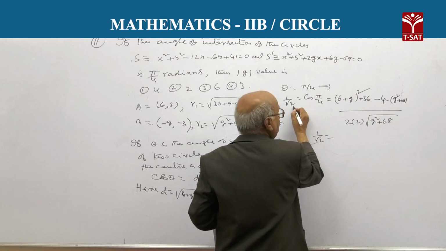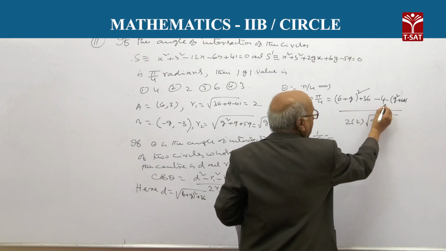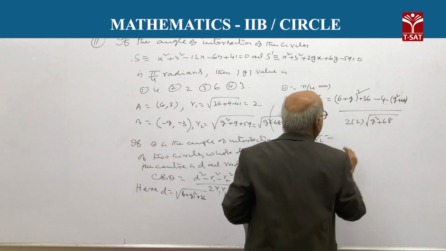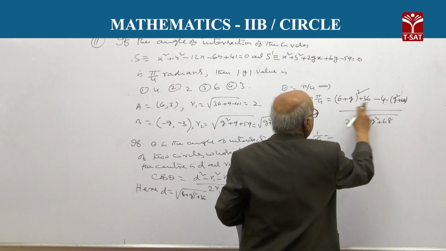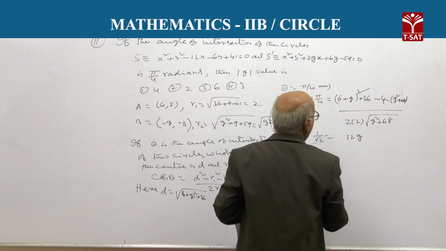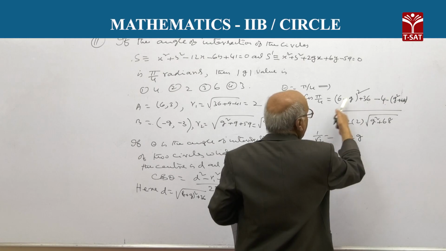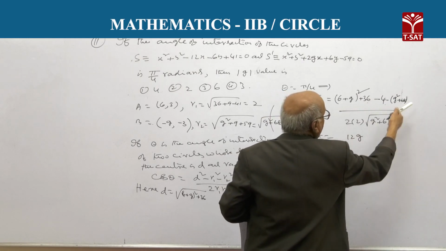Now 1/√2 = ((6 + g)² + 36 − 4 − (g² + 68)) / (4√(g² + 68)). The g² cancels, leaving 12g, and 36 + 36 = 72, 4 + 68 = 72, so those cancel.